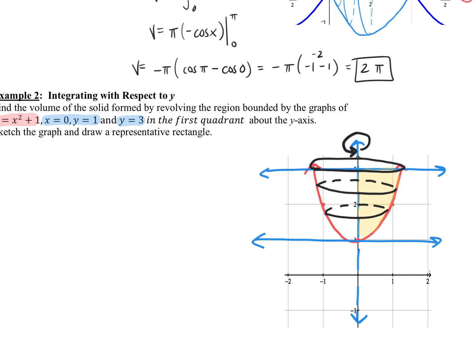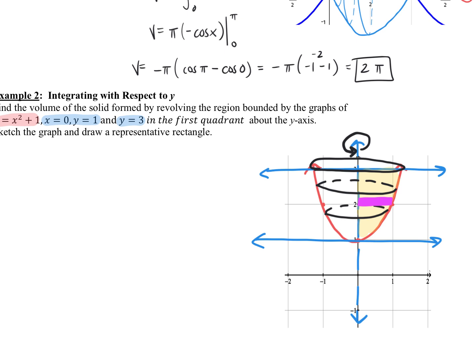Now, when I'm drawing my representative rectangle this time, I'm not going to draw it to the x-axis or vertically. I'm going to be drawing it horizontal to the y-axis. Okay, so let's do pink here. Okay, so I'm going to go ahead and create my rectangle. This piece right here, I need to figure out what is that distance. But I need to figure out what that distance is in terms of y, not in terms of x. Okay?